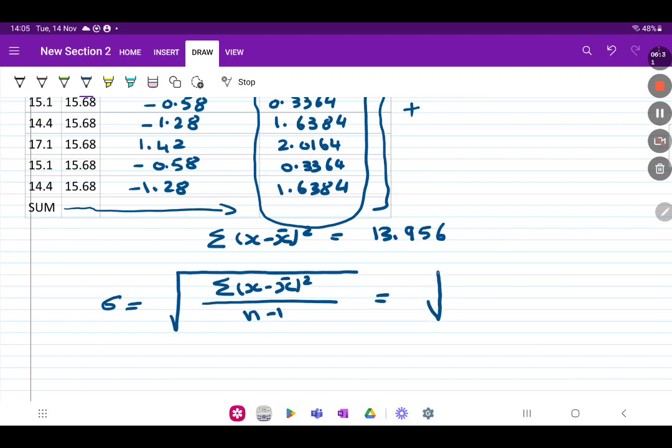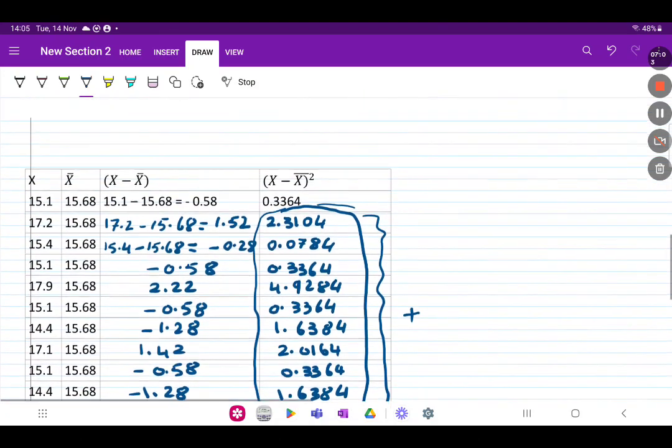So this will be 13.956 over n. n was 10, minus 1 will give us 9 at the bottom of the fraction. So basically the standard deviation will be equal to 1.24525. Okay, that's how we work out standard deviation.